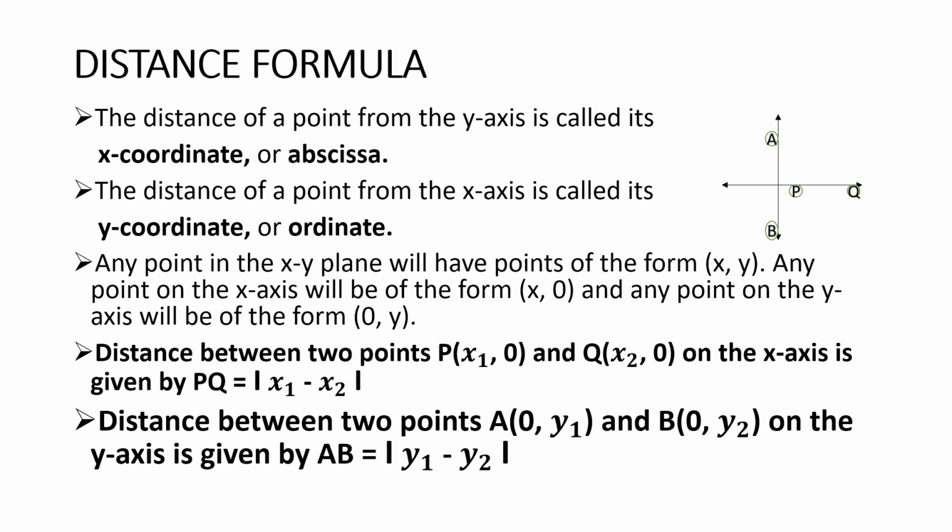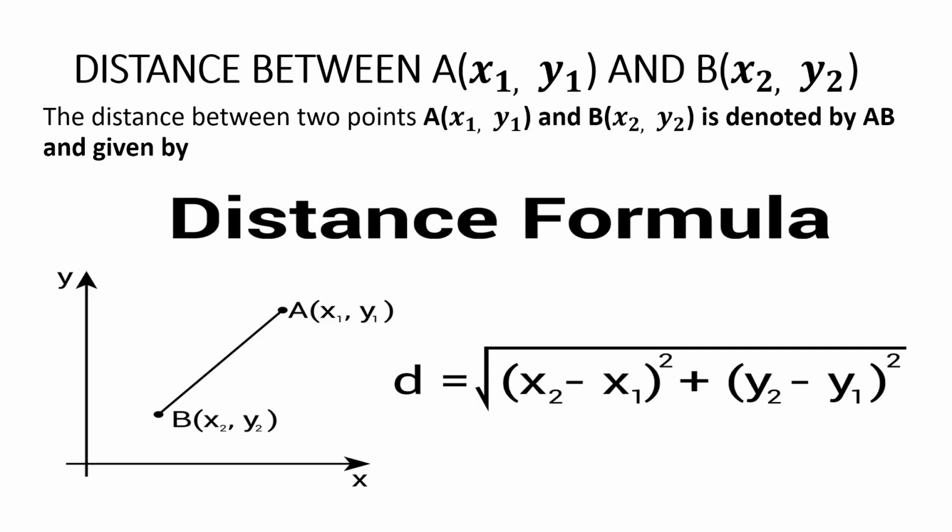So the distance between two points which are on the x-axis will be |x1 minus x2|. Similarly, the distance between two points A (0, y1) and B (0, y2) on the y-axis is given by the absolute value of y1 minus y2.